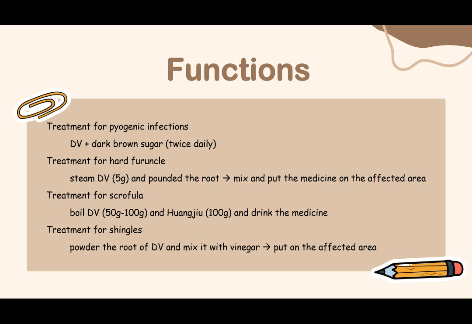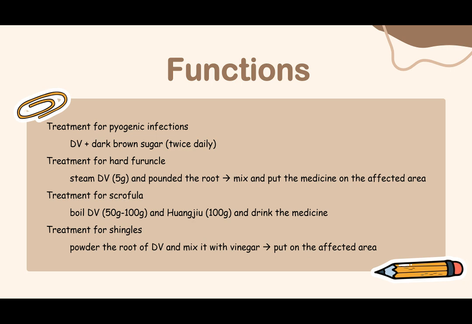And it can treat furuncle too. You need to steam 5 grams of DV, pound the root of it, then mix the steamed DV and the root together, and put the medicine on the affected area.